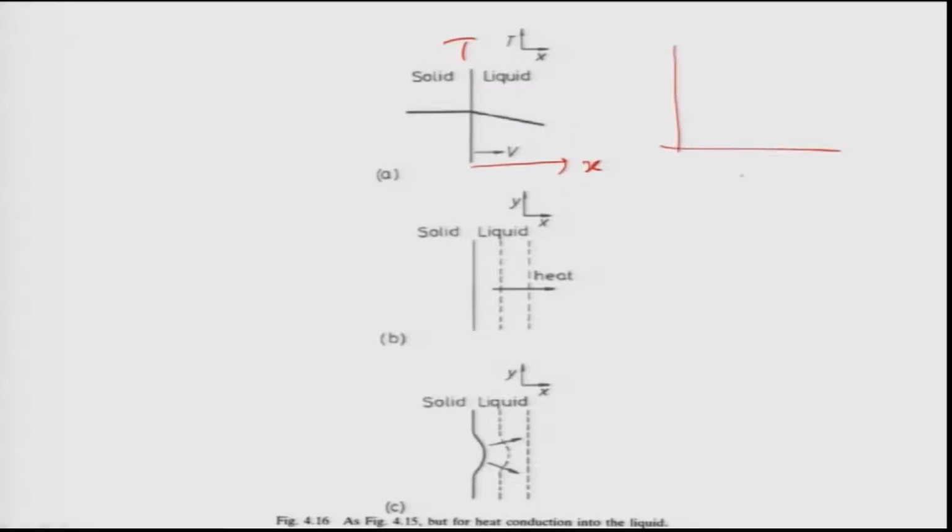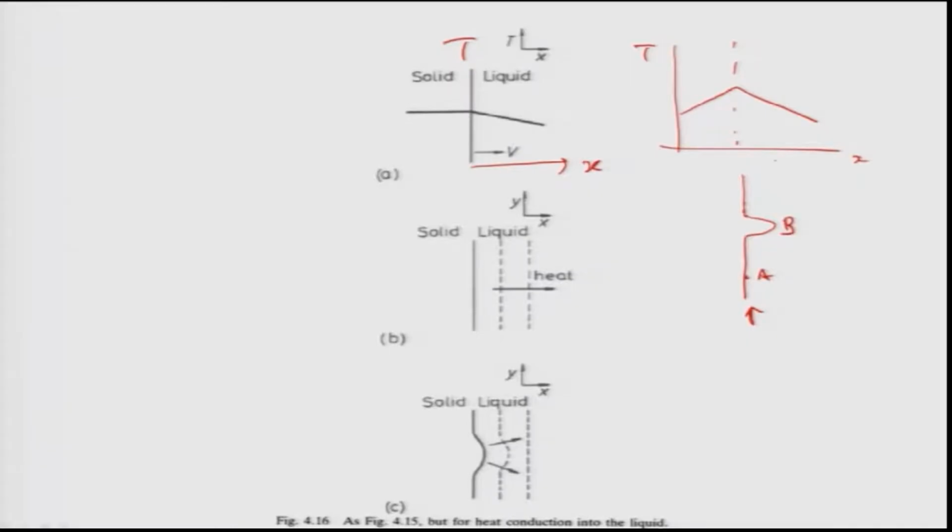Let us suppose I have a flat interface and there is a protrusion created there, and I am drawing the interface here, and the temperature gradient in the solid is positive, but the temperature gradient in the liquid is negative, and this is temperature, this is distance x, and let us suppose that this is point B and this is point A. Point B is on the protrusion, point A is on the interface.